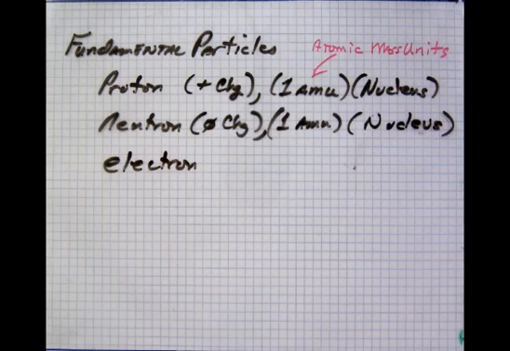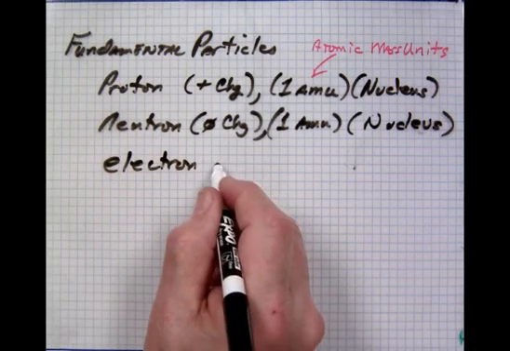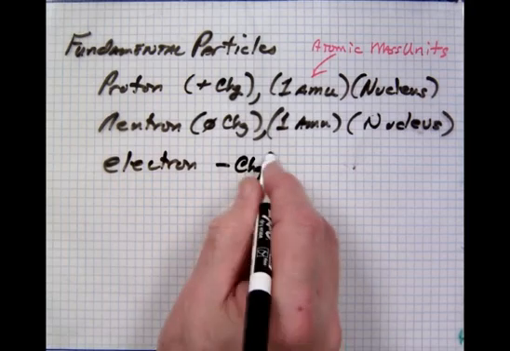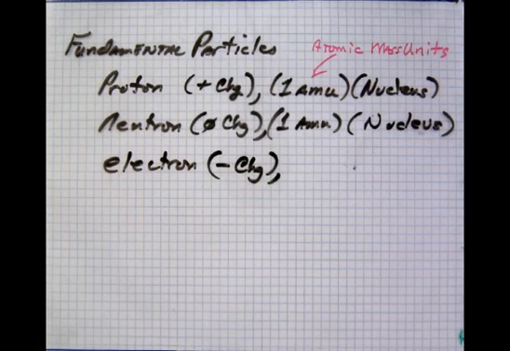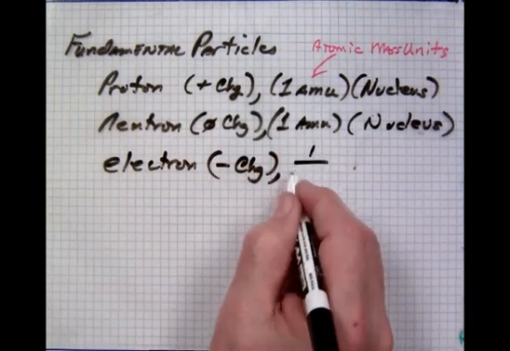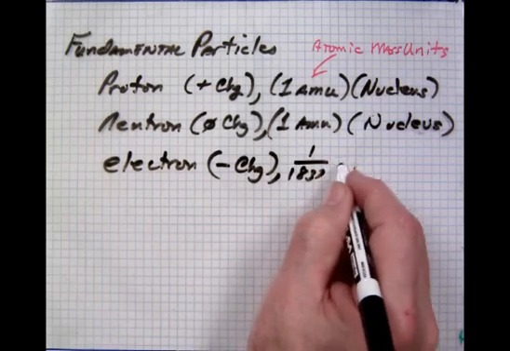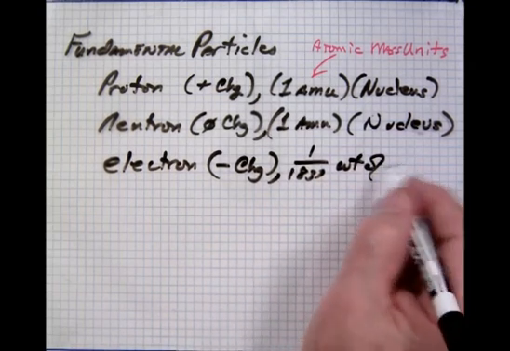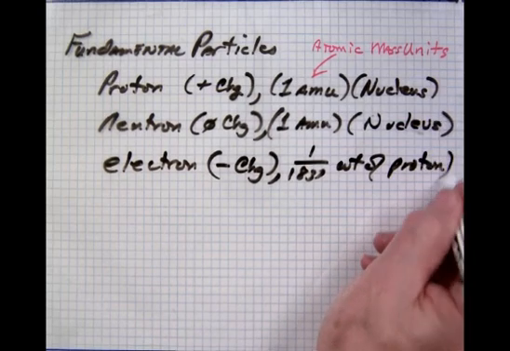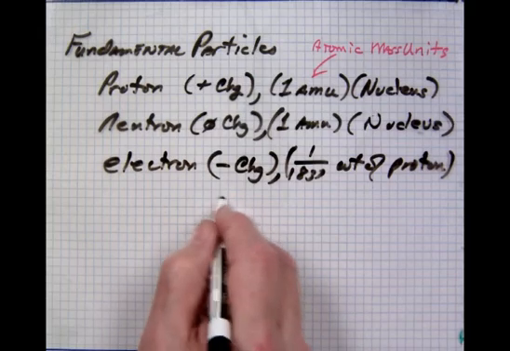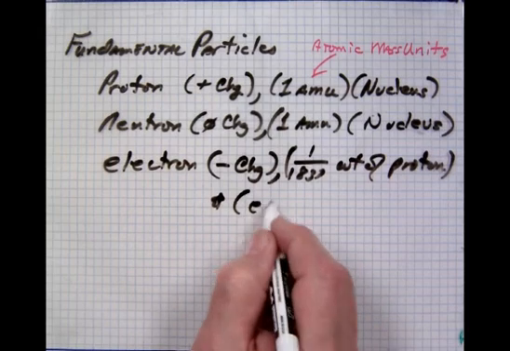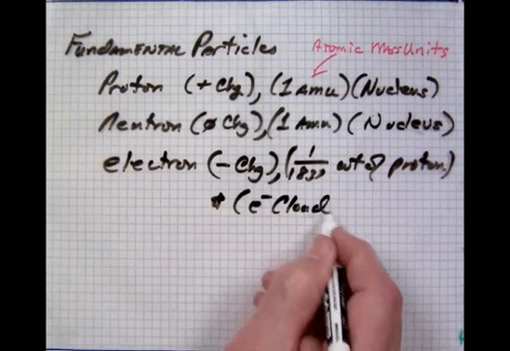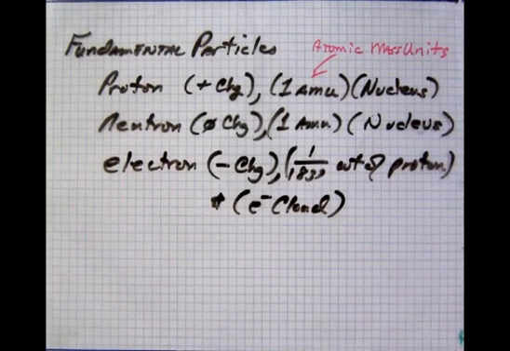Okay, and then finally, the electron has a negative charge. It is 1 over 1837 the weight of a proton, and is found in the electron cloud about the atom.